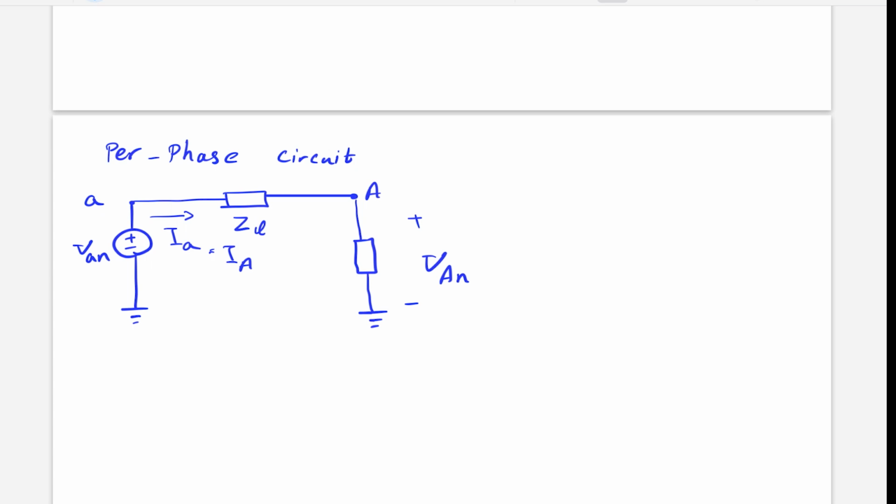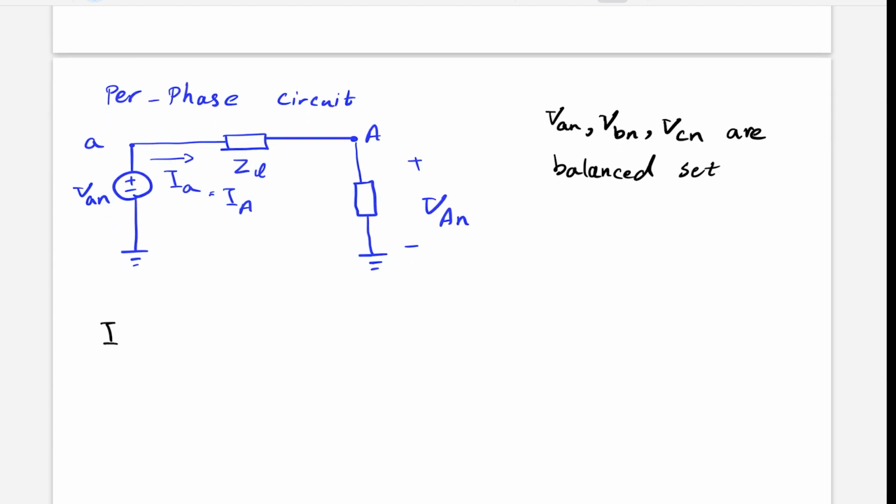Now, recall that VAN, VBN, and VCN are a balanced set. Now, what is IA?